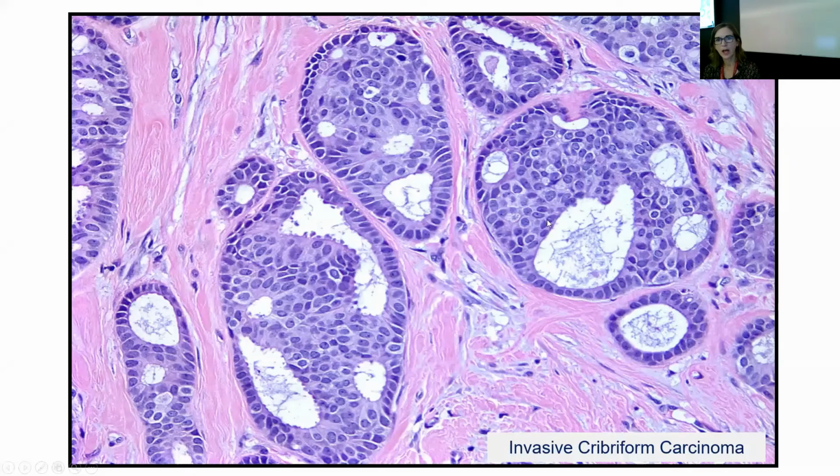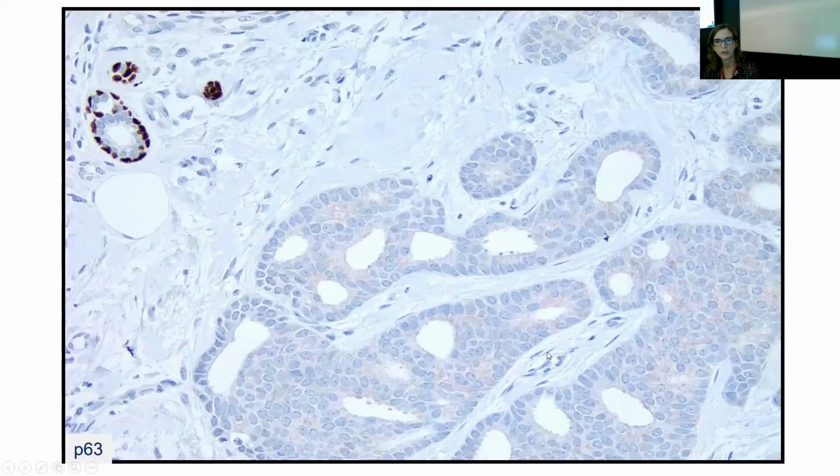And here, I'll show you the immunostain for this example of invasive cribriform carcinoma, where, I think on H&E, you can be fairly confident that these epithelial cells are directly abutting the stroma and that there is no myoepithelial cell layer. But sometimes it can be difficult to decide if these myofibroblasts are attenuated myoepithelial cells or not.